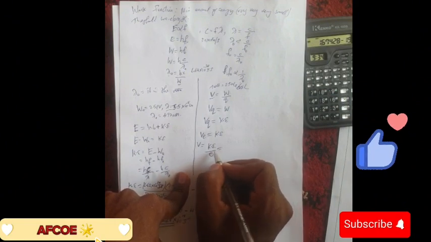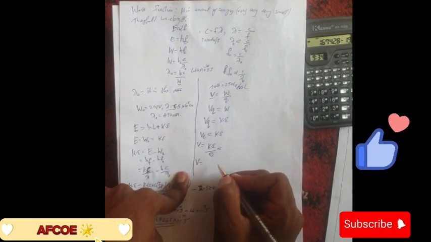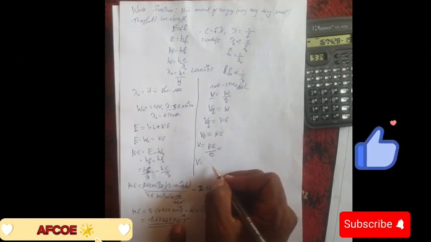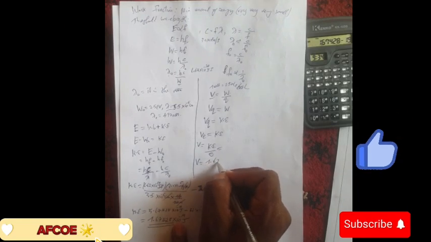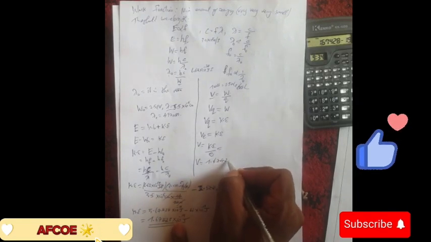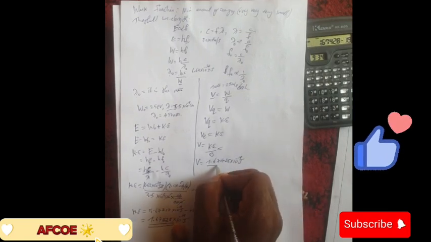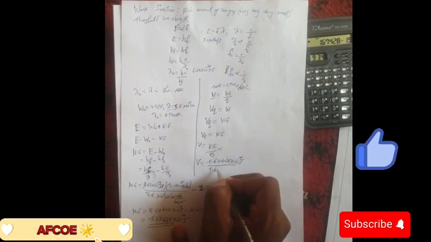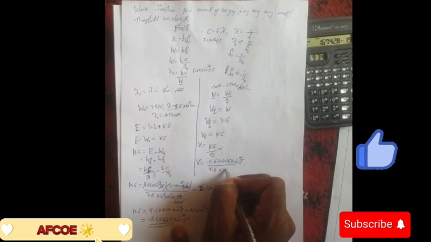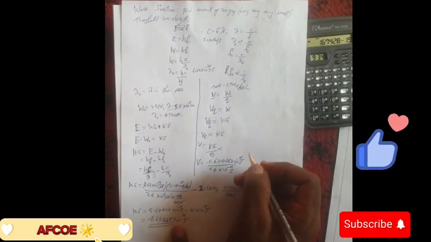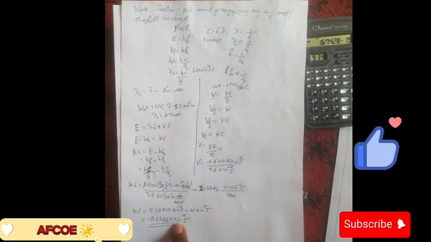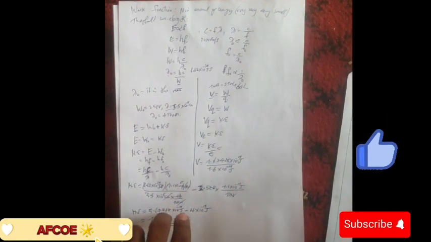Now we know that V will be equal to our kinetic energy, 1.67428 times 10 to the negative 19 joule, all divided by the charge of an electron, which is 1.6 times 10 to the negative 19. Right? So now let us go ahead and solve these values.